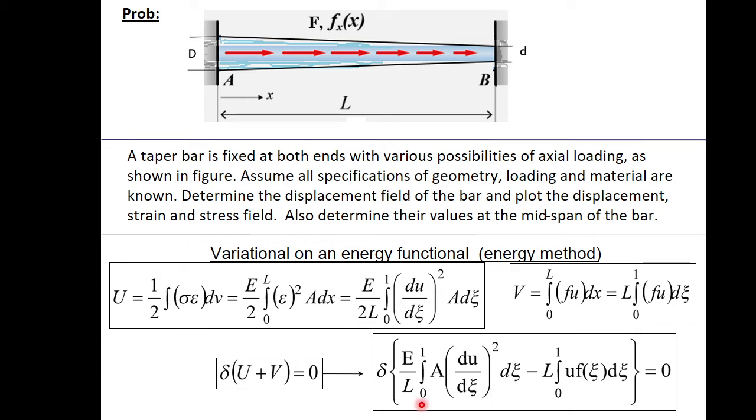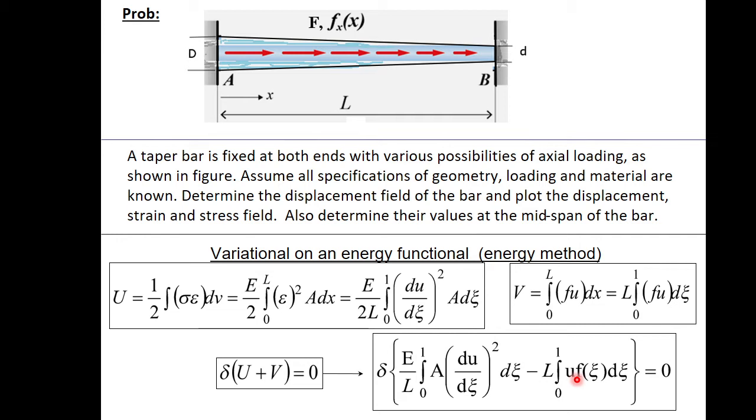Area is coming. I think this is missing. This area is there, right? A into d xi. And from here, exactly same. No, actually it is not that.